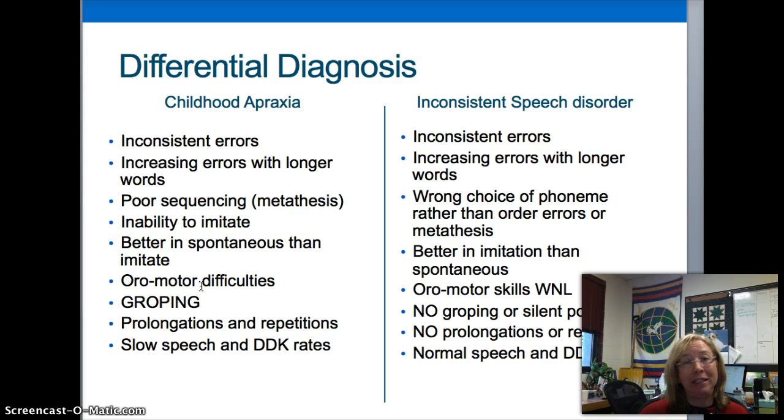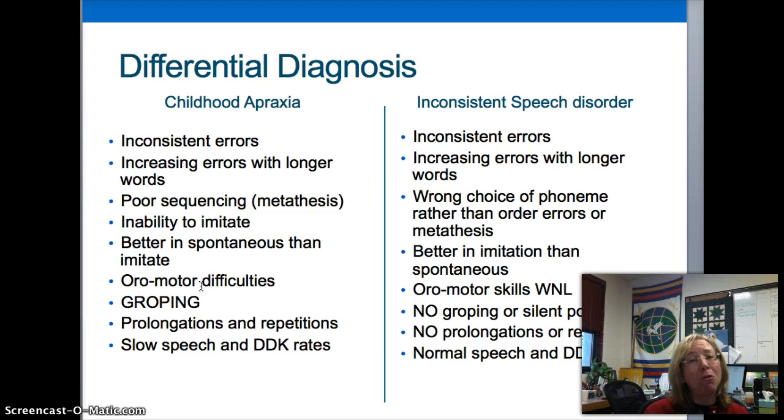They couldn't sequence that. That type of ability would be within normal limits with these inconsistent speech sound disorder types. The hallmark of apraxia is groping. The child thinks that they're going to be making a rounded sound and they realize they're retracting, they're groping around.